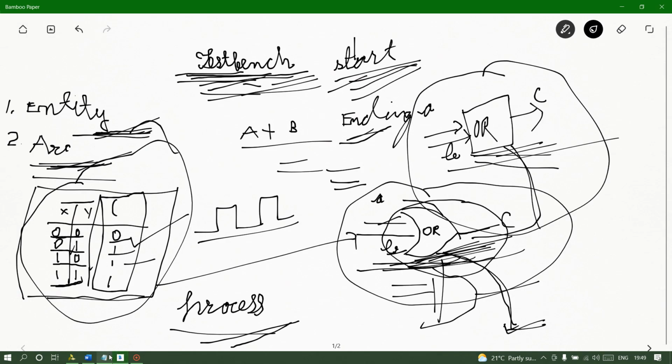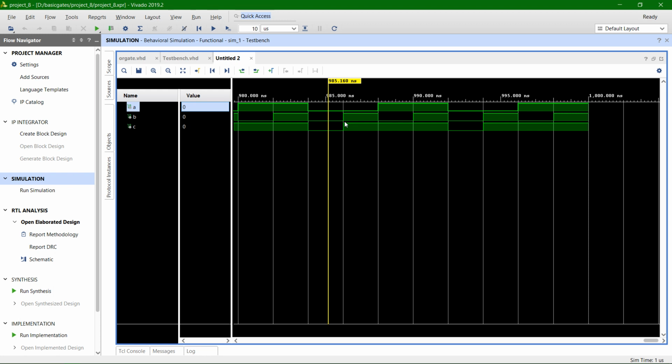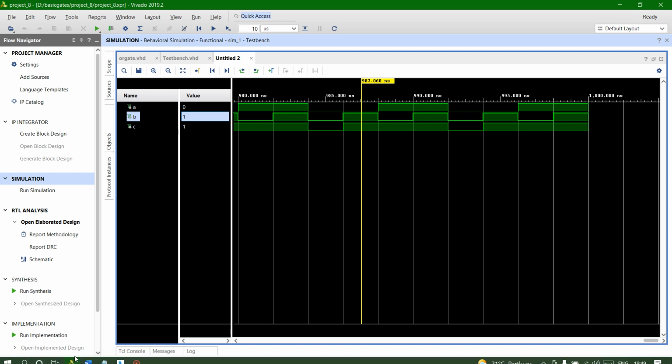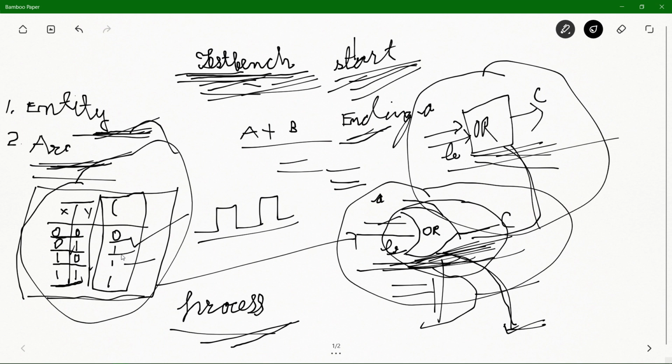Okay, the first will be 0 and the second will be 1, right? You guys can see very well, no? A is 0 here, B is 1 here. So what is the output that I am getting? 1, right? So my second condition is satisfied.